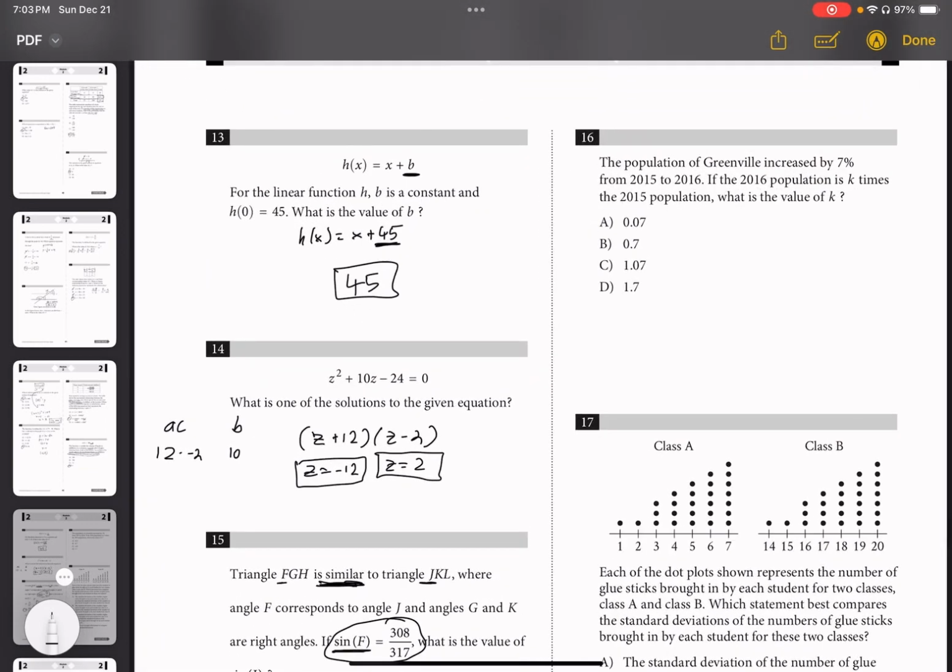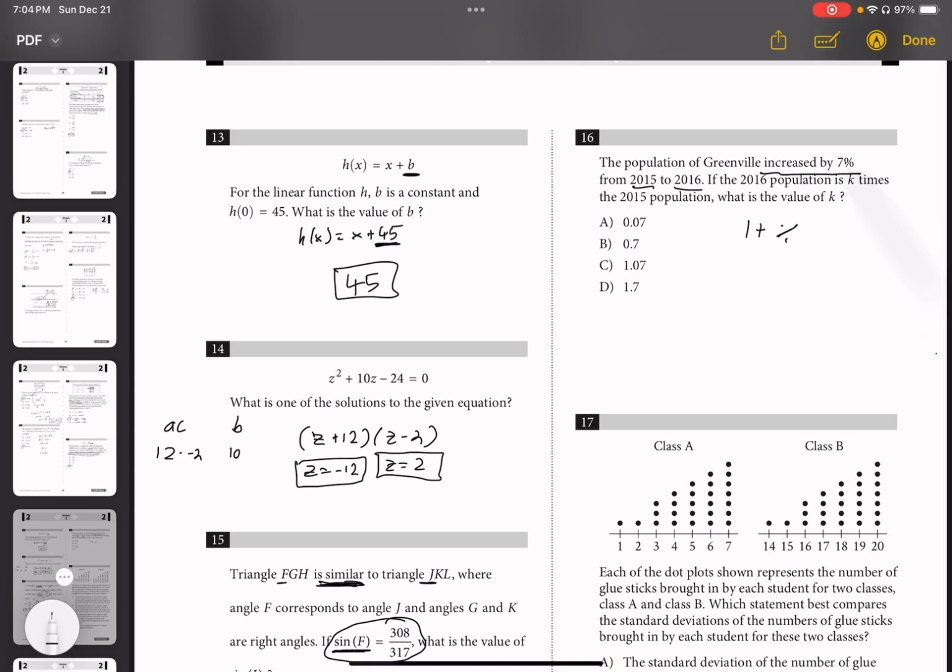Okay, question 16. We're going to do this as our last question for today. The population of Greensville increased by 7% from 2015 to 2016. If the 2016 population is K times the 2015 population, what is the value of K? So if we're multiplying by a value once to get from 2015 to 2016, 7% can be represented by 1 plus the percentage.